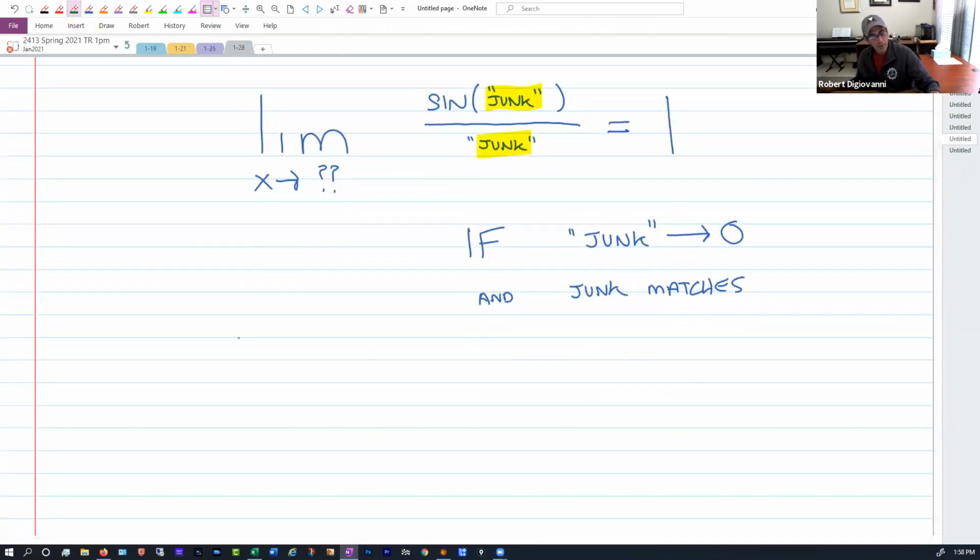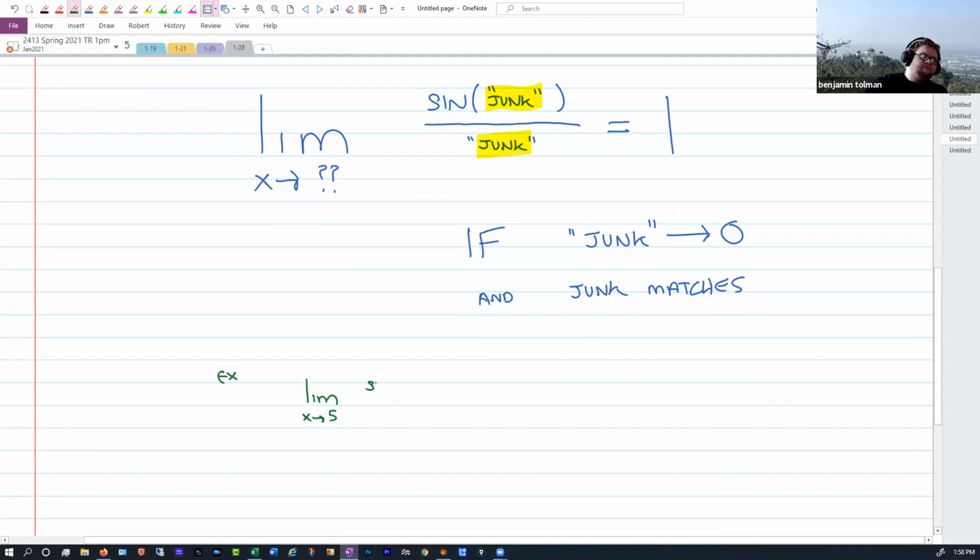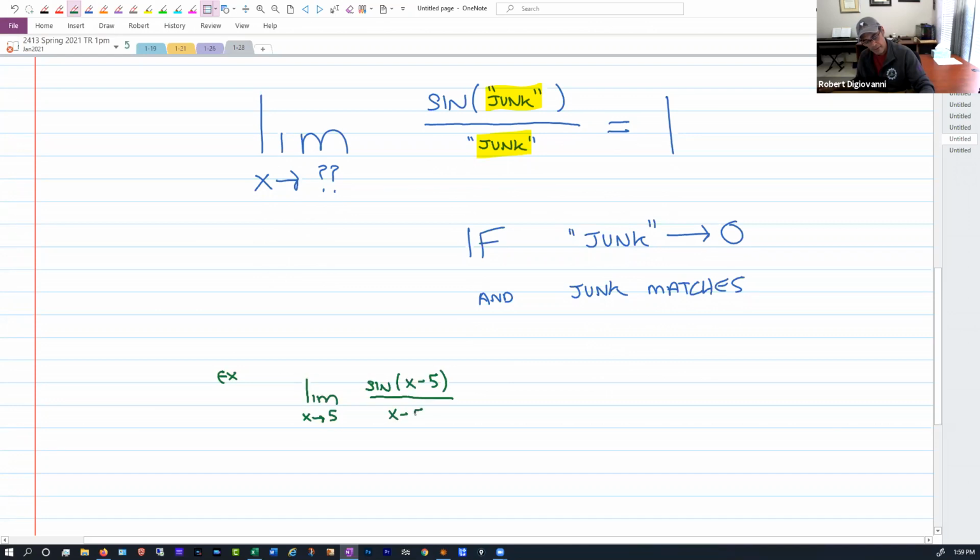So I'm going to leave that up there. As an example, let's say I give you the limit as x approaches 5 of sine of x minus 5 over x minus 5. What you should notice is that we have sine of junk over junk. These two junks match, don't they?